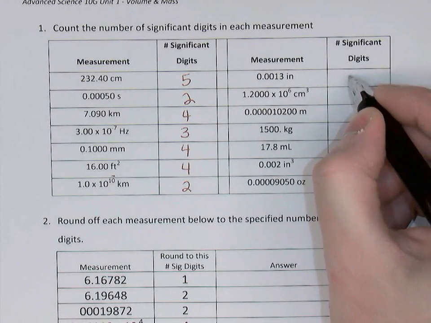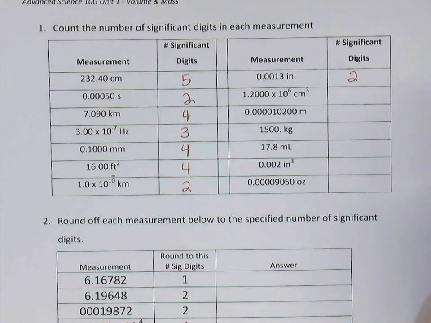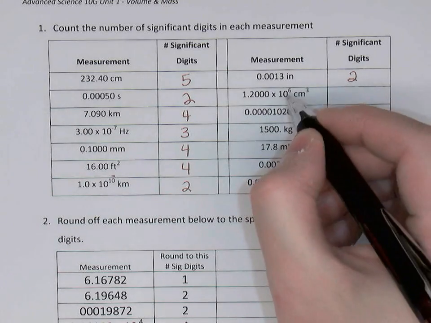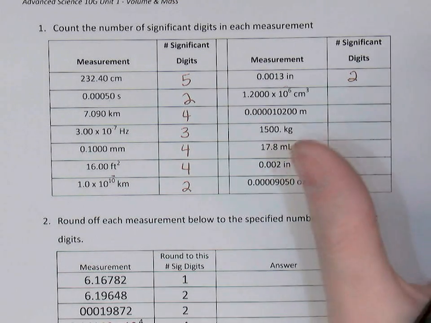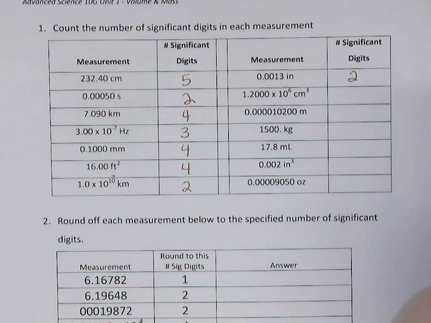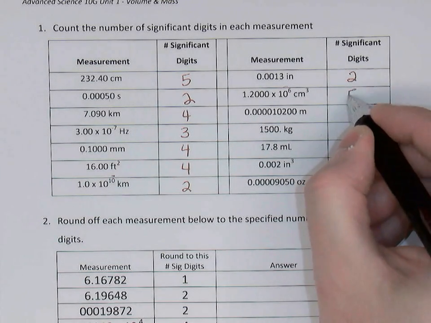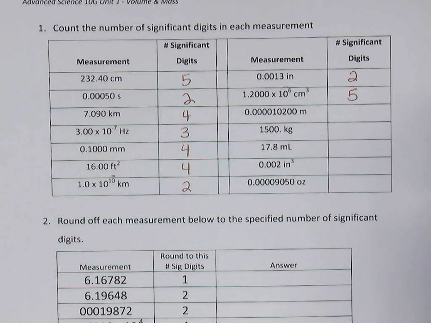They're leading zeros, so the 1 and the 3, there's 2 significant digits. 1.2000 times 10 to the 6. The times 10 to the 6 is scientific notation, does not count. But the 1.2000, the 3 zeros, will be significant because they're trailing zeros after the decimal. There's going to be 5 significant digits in that number.